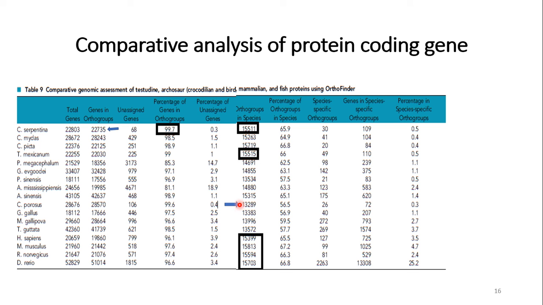So this number shows that orthogroups are few in some species, and this supports the idea that birds are known to have fewer orthogroups.